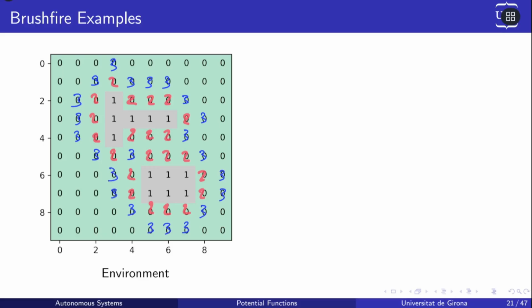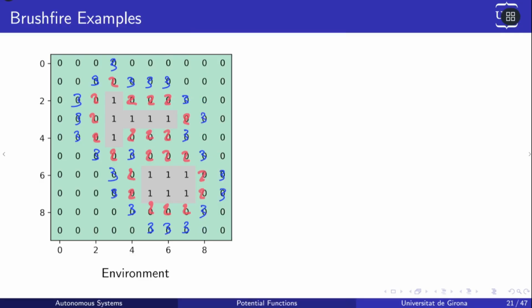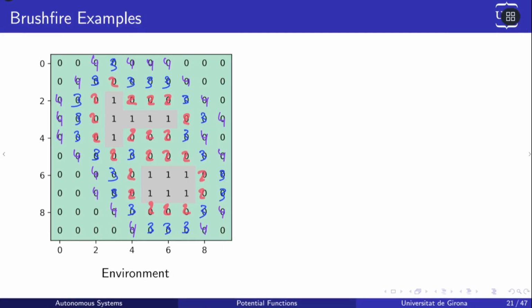I think that all the numbers that, assuming connectivity 4, are around the 2s now have a 3 on top. Then let's now use purple. Let's put the 4s, 4 here, 4 here, 4, 4, 4, 4. Again, I think I should not forget any value. Let's put the number 5s.